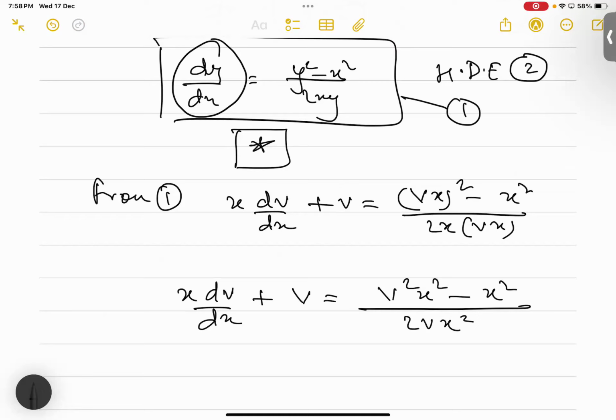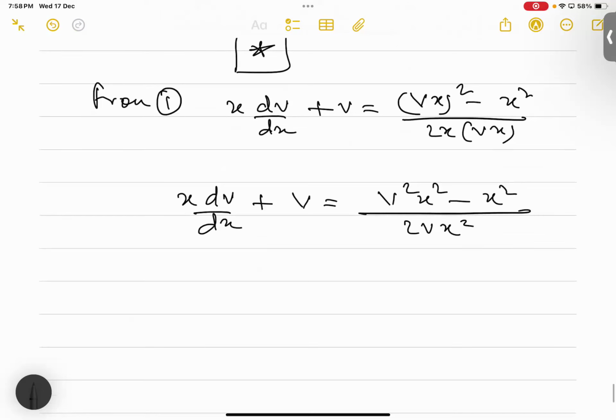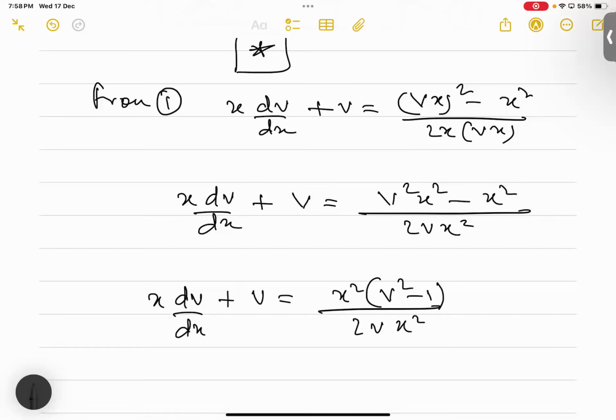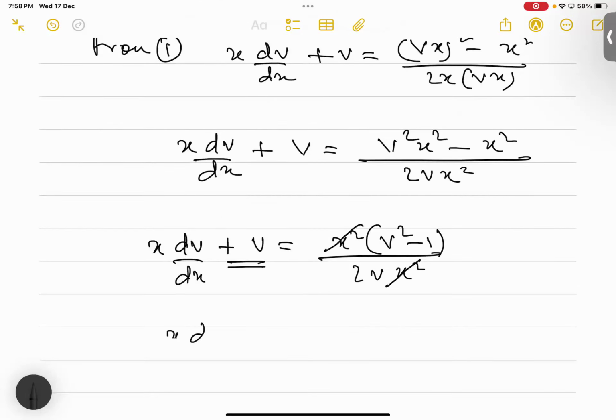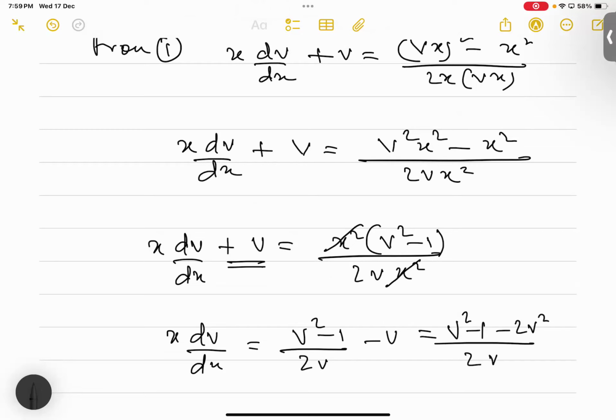Correct? Okay. X square gone. What to do with this plus v? Correct. So x dv by dx is equal to v square minus 1 upon 2v minus v. Take LCM, 2v square upon 2v.